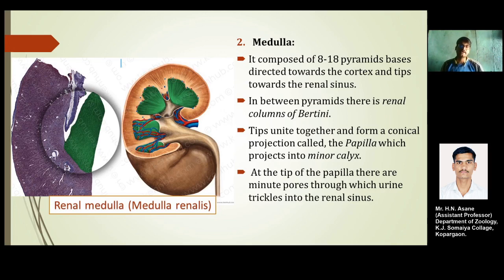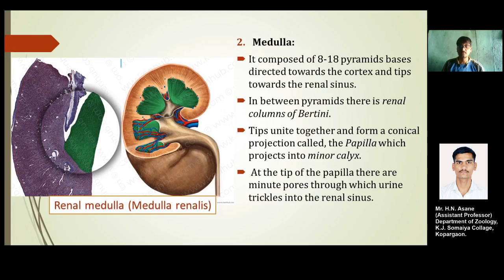Okay, so these columns are known as the renal columns of the Bertini, and the tips of all these unite together to form conical projections called the papilla, which project into the minor calyx.